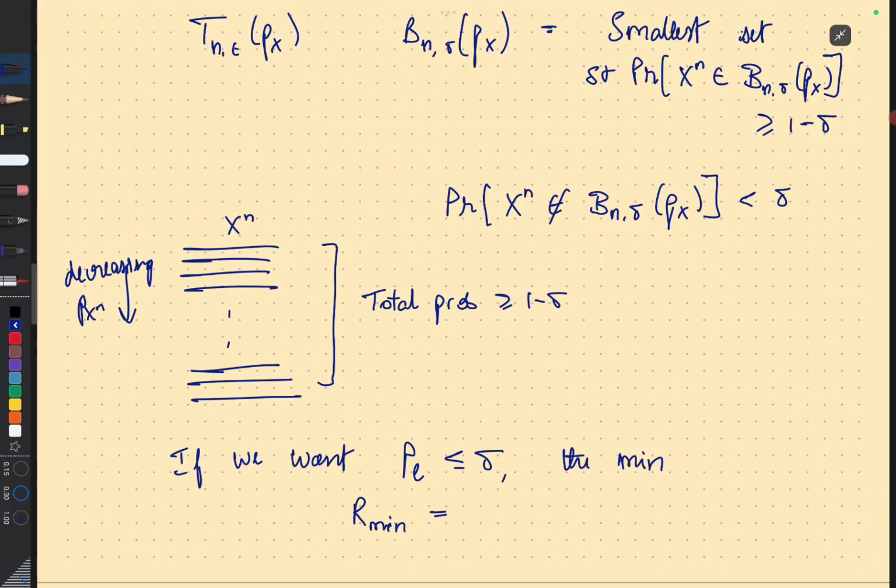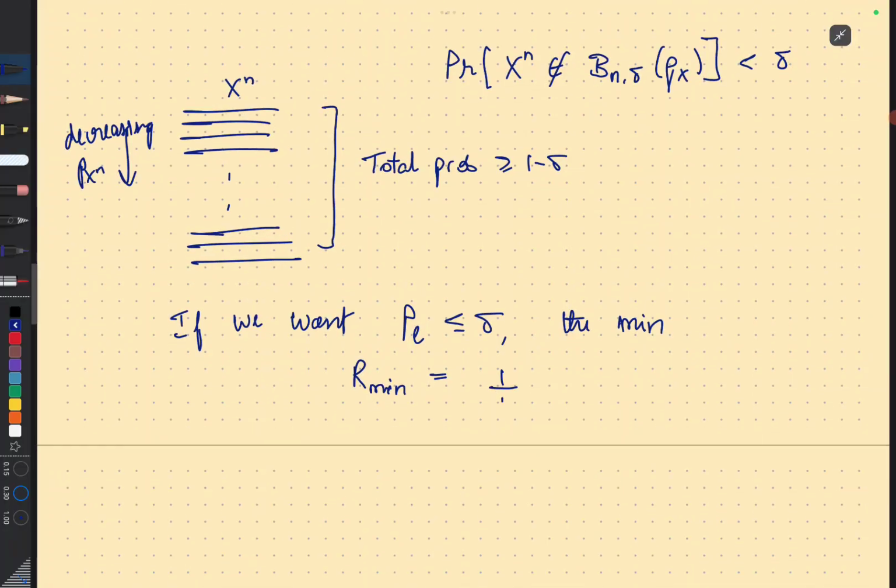Correct. So B_n^delta is the smallest set which has probability 1 minus delta. If you want to encode some subset of sequences with the least possible rate, which is essentially the least possible cardinality, then you should choose your set to be B_n^delta. If you choose any other set, then the corresponding rate is only going to be higher, because by definition B_n^delta is the smallest such set.